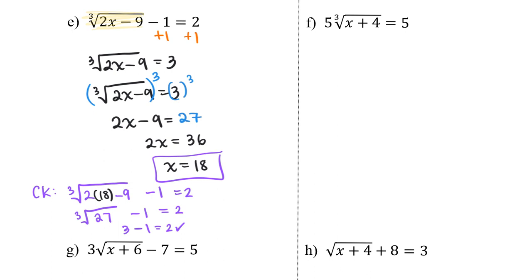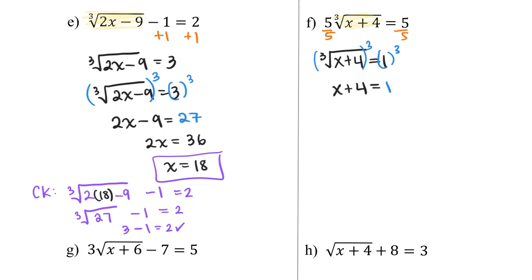Okay, F. Where's my radical? Here's my radical. I need to get rid of that 5 in the front. Okay, since it's a third root, I'm going to raise it to the third. One times 1 is 1.